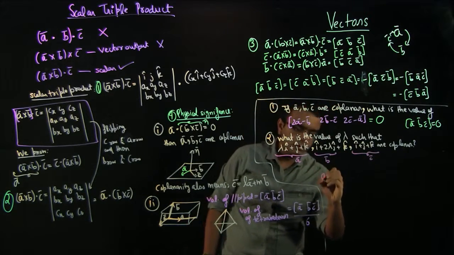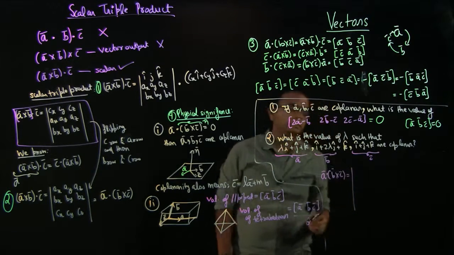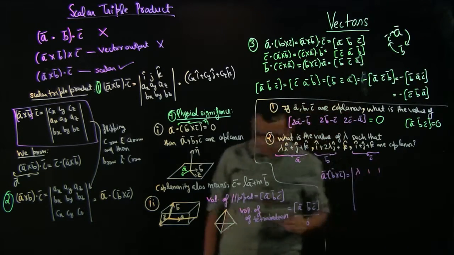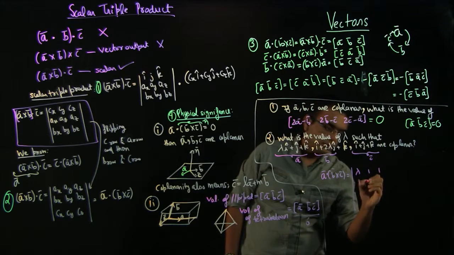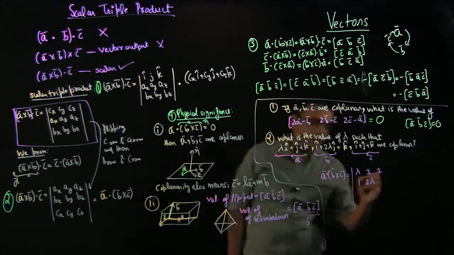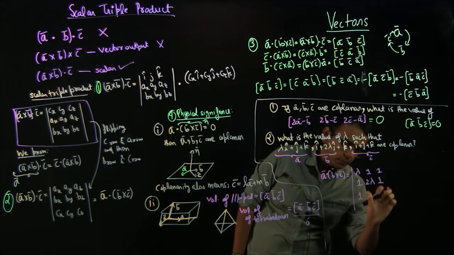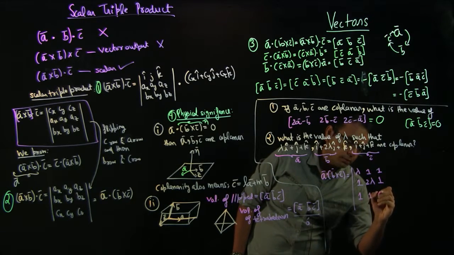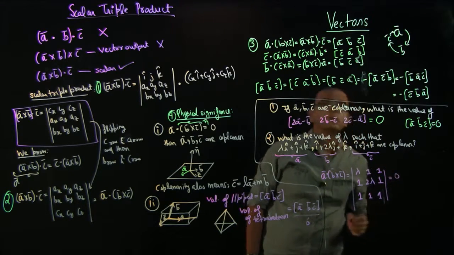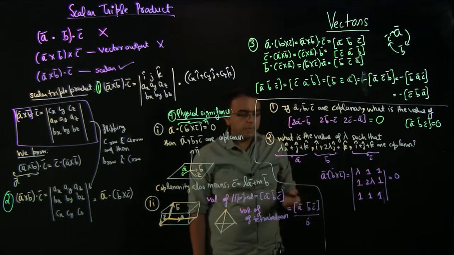Then A dot B cross C is equal to the determinant: just take the coefficients, lambda 1 1, 1 2 lambda 1, and 1 1 1, and you have to make this equal to 0.